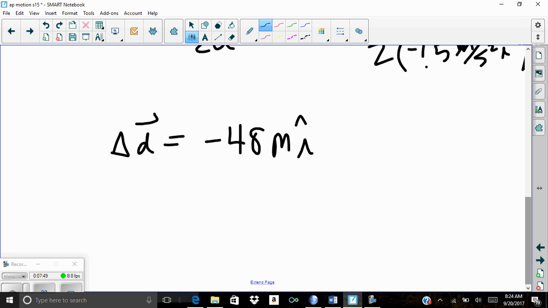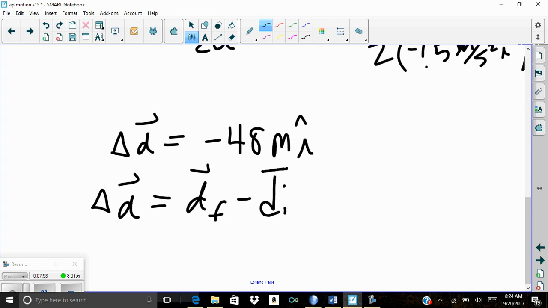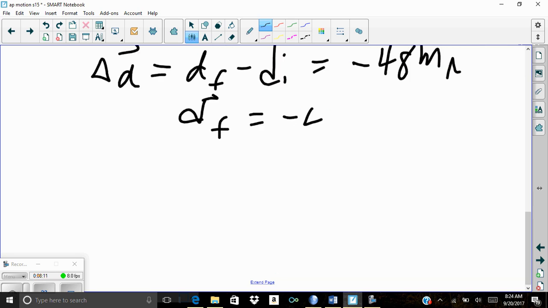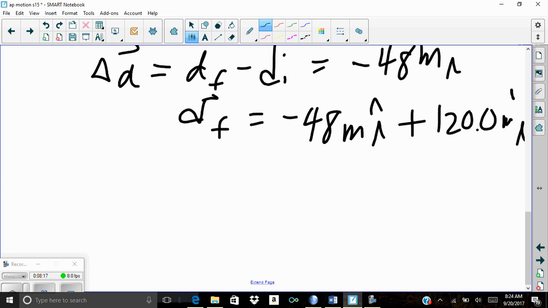If we take delta D equal to D final minus D initial and set that equal to negative 48 meters I hat, we can figure out our final position, because the final position is equal to the negative 48 meters I hat plus the 120.0 meters I hat.